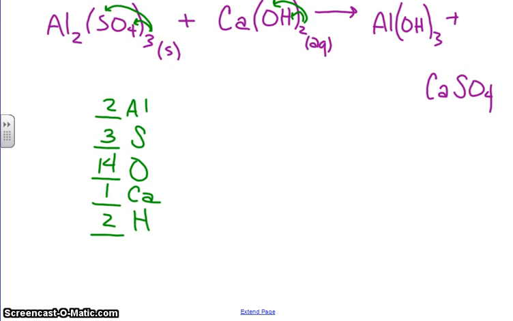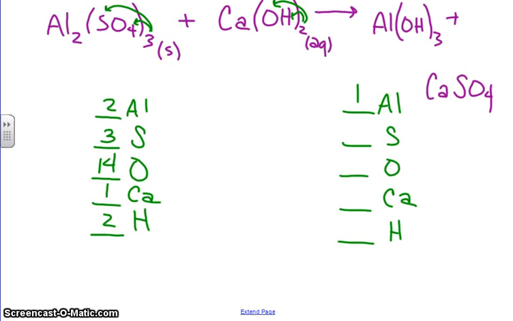Okay. So let's look at the other side and see how we're doing here. We have aluminum, sulfur, oxygen, calcium, and hydrogen. How many aluminum on this side? 1. How many sulfurs? 0. Oh, 1. How many oxygens? 7. We have this and this.